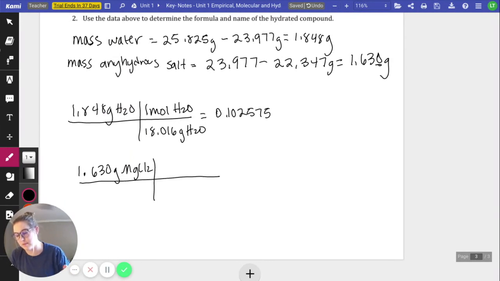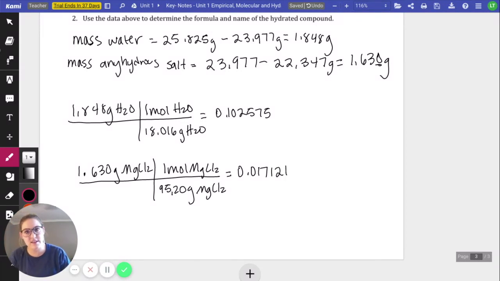So the molar mass of magnesium chloride is 95.20 grams, and that should be equal to 1 mole. So go ahead and divide it. And when I did, I got 0.017121.